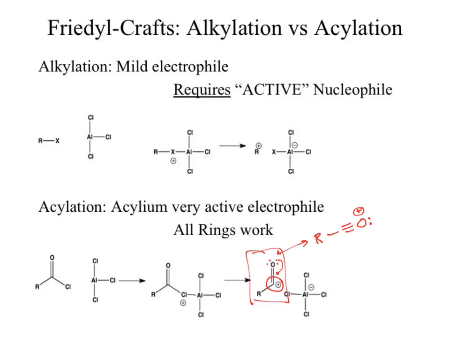Your acylium ion is resonance stabilized, which allows it to have a reasonable lifetime, which means we don't need as active a nucleophile. So acylations tend to be used more frequently than alkylations for that reason.